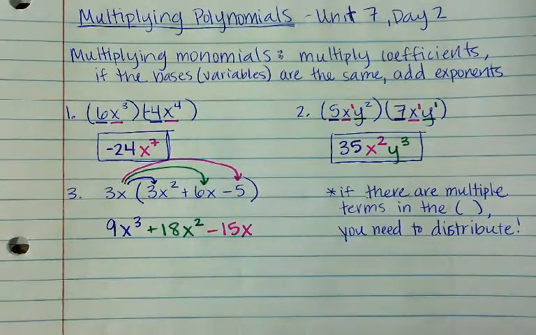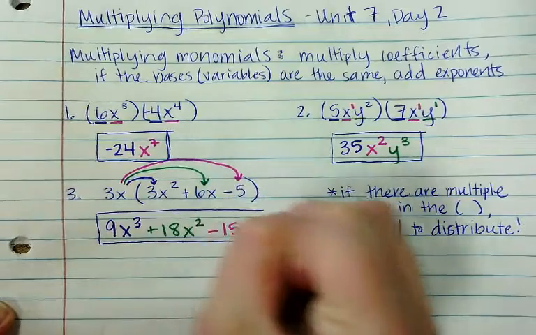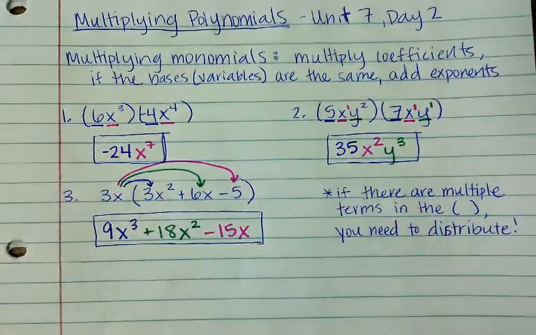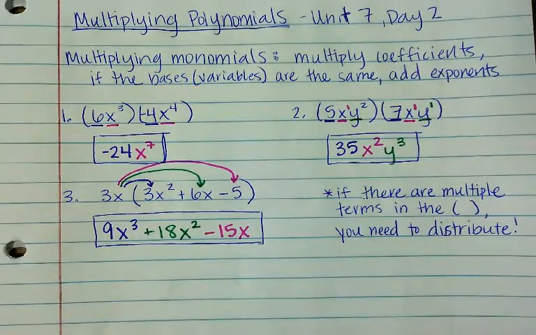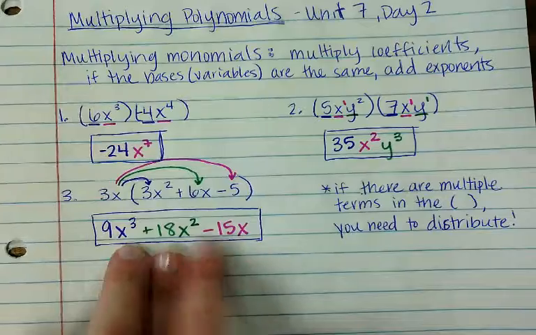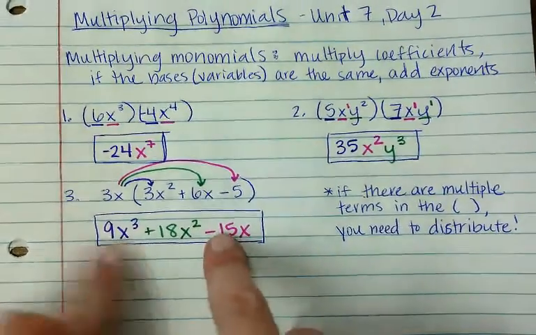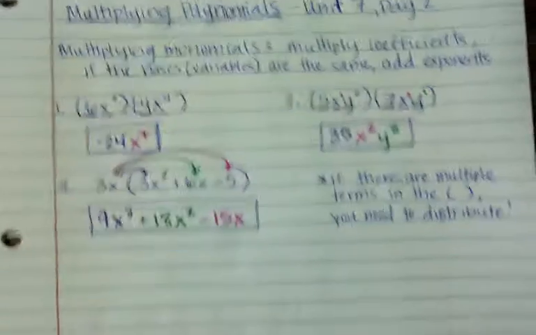So our final answer would be 9x cubed plus 18x squared minus 15x. Y'all feel good? Okay? So, and here's the deal. We look at this and we say, none of these terms are like terms, so we can't combine them. So when we do this, we're just done. We're done now, which is awesome.